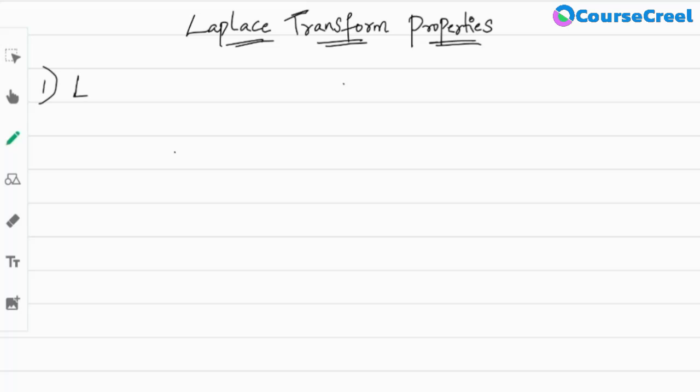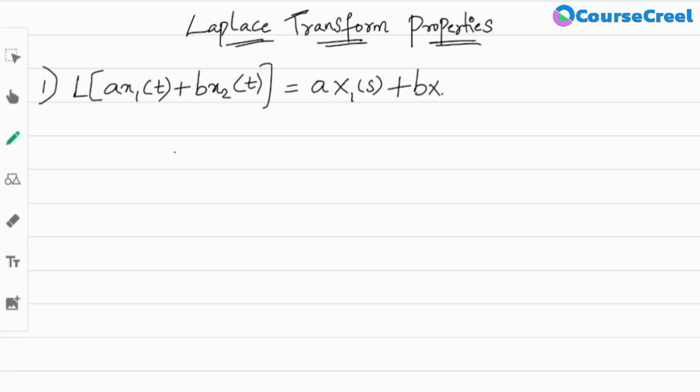So the first property is the linearity property, which is nothing but Laplace transform of a x1 of t plus b x2 of t is equal to a x1 of s plus b x2 of s. So this is the first property of Laplace transform, which is nothing but the linearity property.